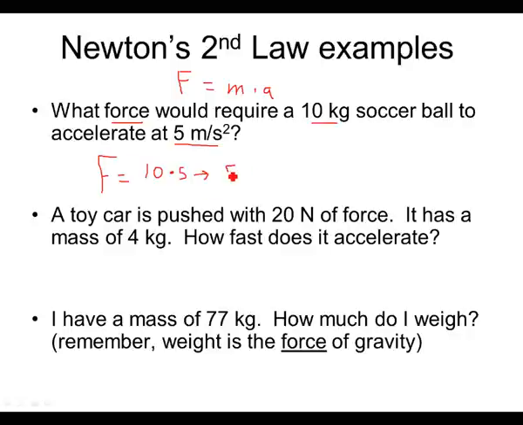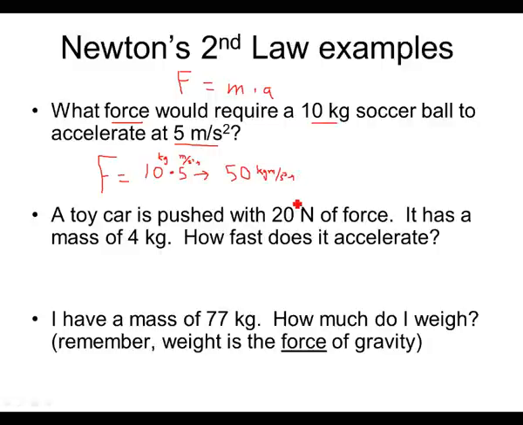Multiply that out and you get 50. But what's the unit label? Okay, the 10 was in kilograms. The 5 was in meters per second squared with a direction. So our 50 is kilogram meters per second squared with a direction.